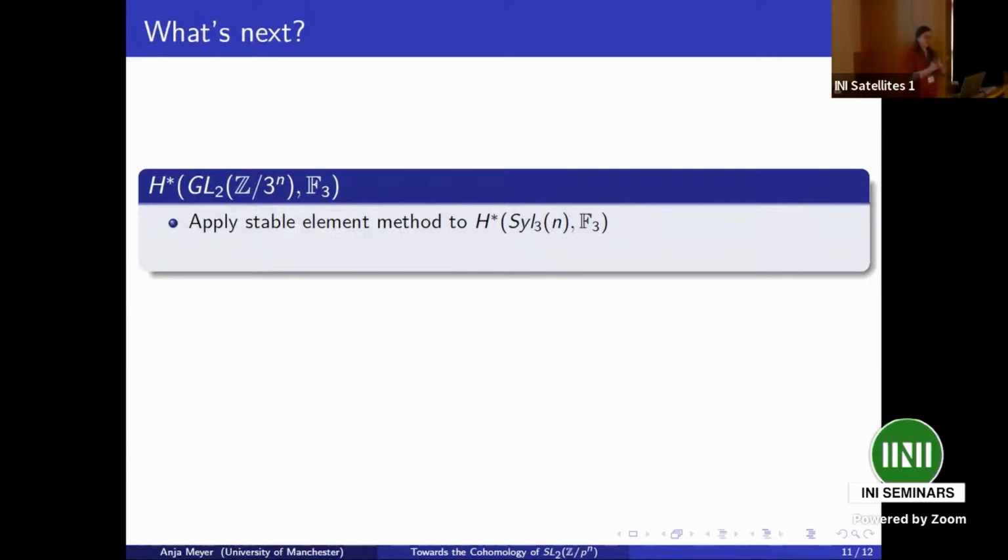What I mean by this is that the Sylow 3 subgroup on level 2 is isomorphic to a wreath product. You can find it as group number 7 in the small library of GAP. And this is only true for n equal to 2, not for any higher n.